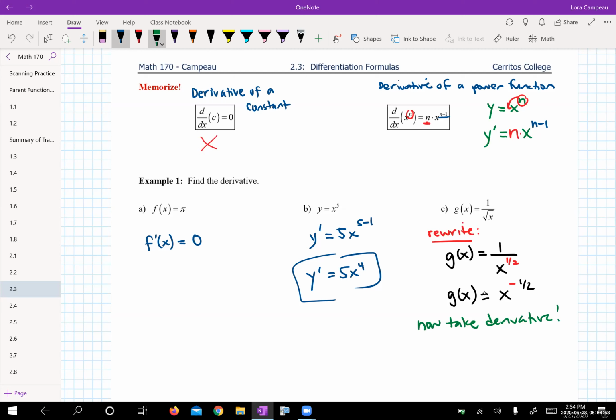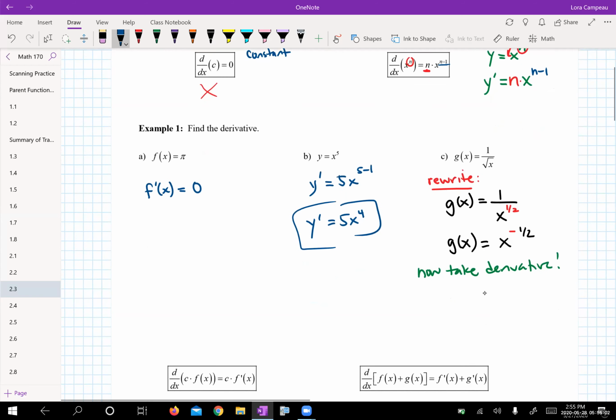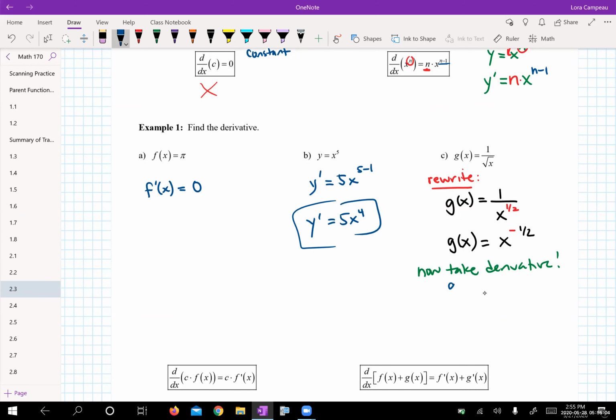If I'm going to take the derivative, just remember, I'm going to use the appropriate notation. I'm taking g prime of x. And the way I'm looking at this, I'm going to take the exponent and move it around to the front. So that's negative 1/2. That gets multiplied by the original base, that's x.